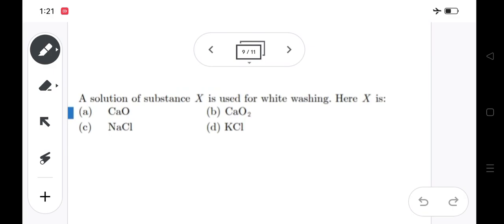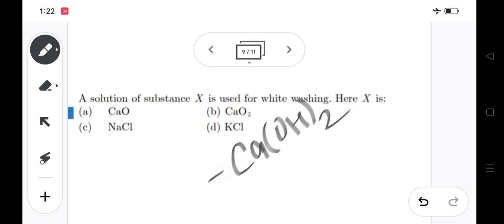A solution of substance X is used for whitewashing. See, for whitewashing, a solution of a substance is used. The solution which is used for whitewashing is calcium hydroxide. This calcium hydroxide is actually the solution of calcium oxide in water.